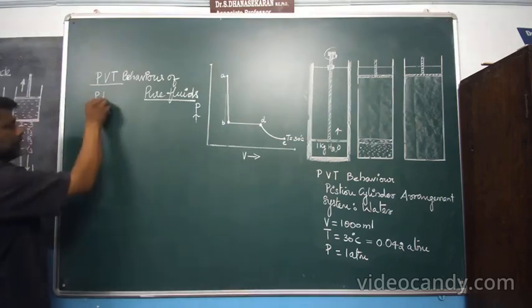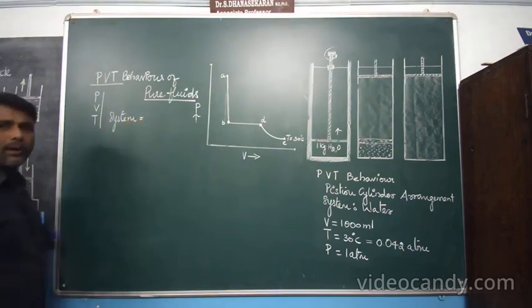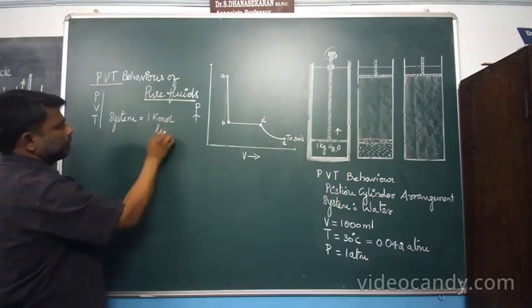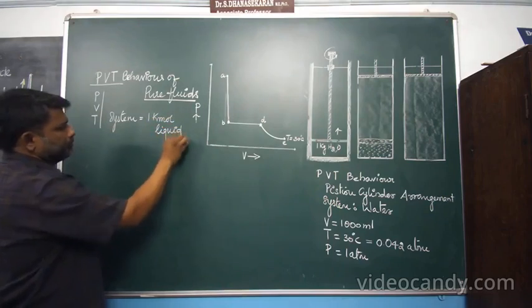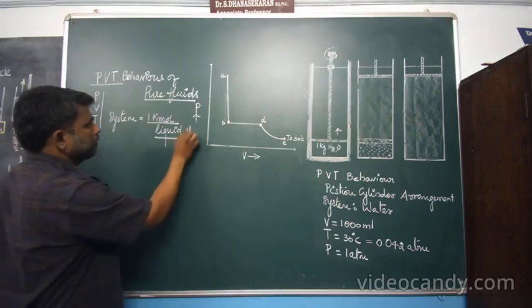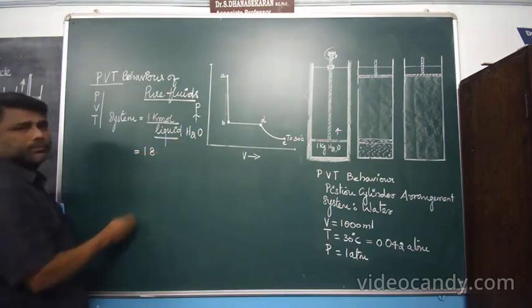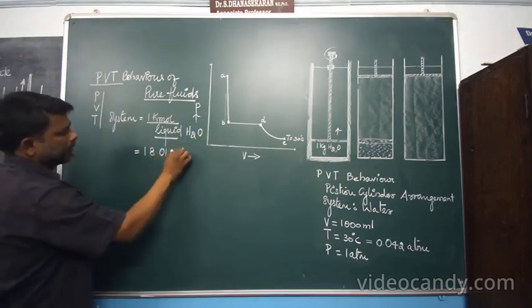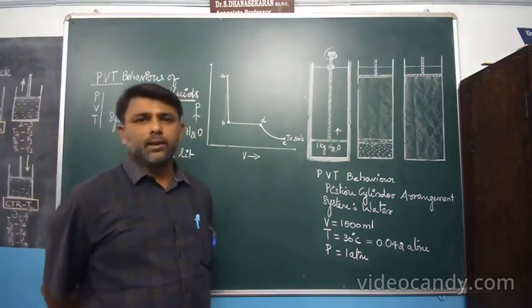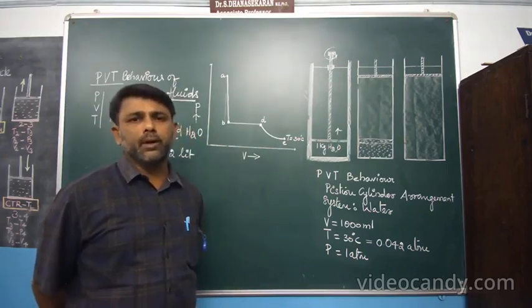In my discussion, the system is 1 kmol of water, that means liquid water. 1 kmol of liquid water means its volume is 18.012 liters, because the density of water is 1000 kg per meter cube or 1 kg per liter.